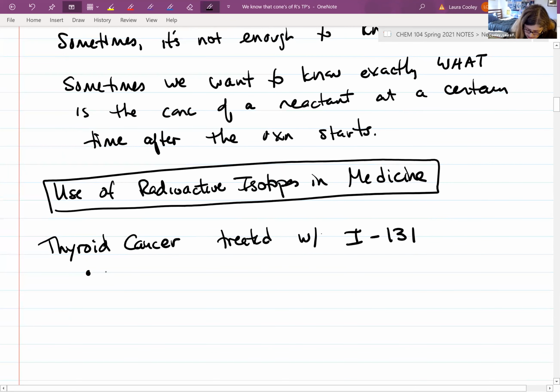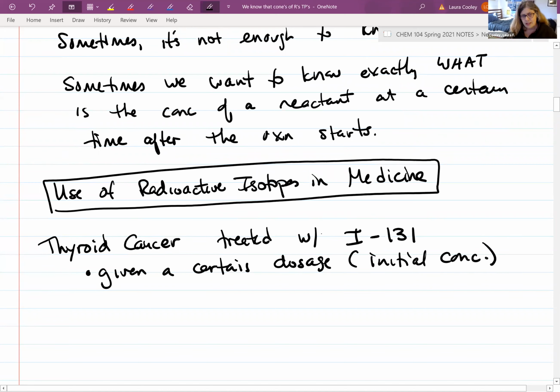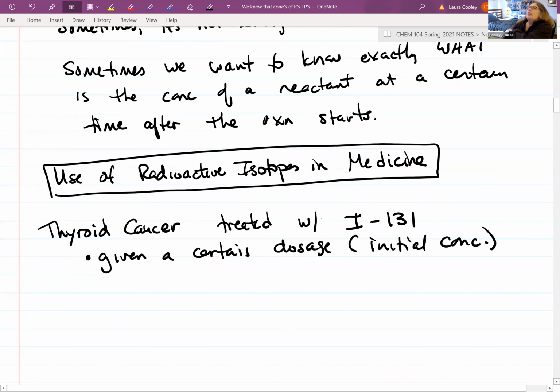and so they're given a certain dosage, right? Which is like the initial concentration. It's some initial dosage, so there's a certain concentration. And that depends on how bad the cancer is, how strong a dose is needed. Okay.